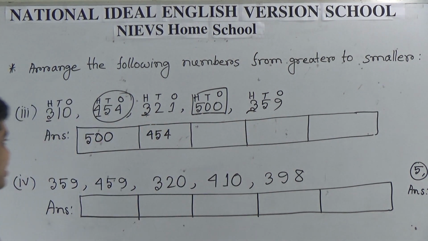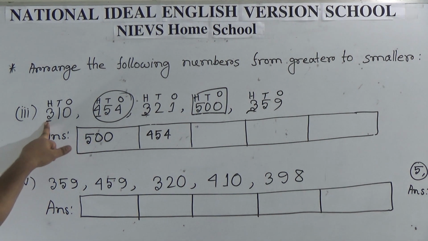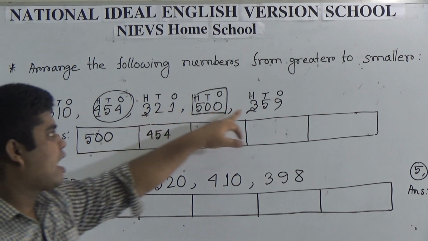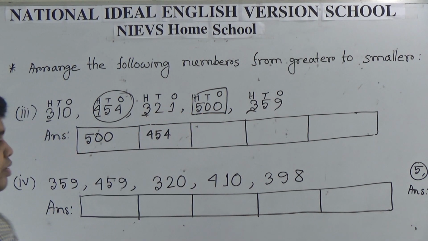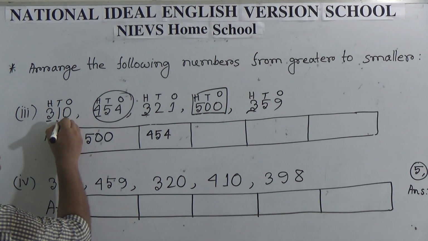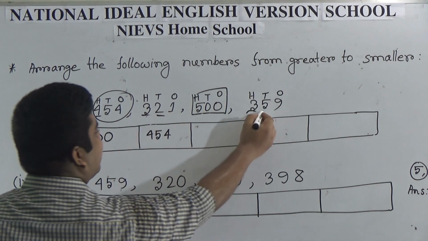My dear students, notice here the hundreds place digit is 3, the hundreds place digit is 3, the hundreds place digit is 3. So, as the hundreds place digit is the same, next we shall follow the tens place digit. Here you notice 1, here 1, here 2, here 5.